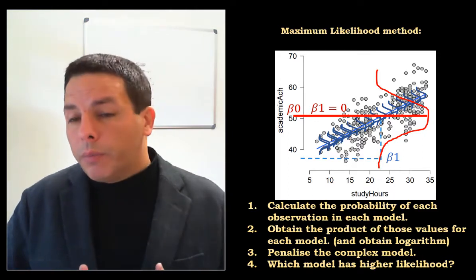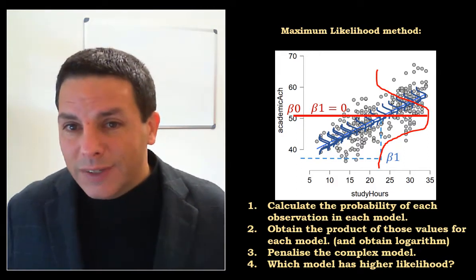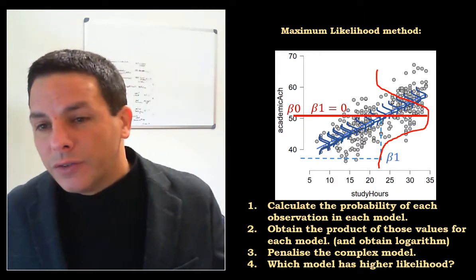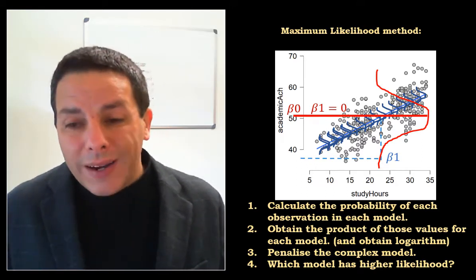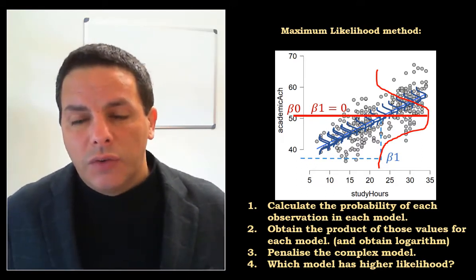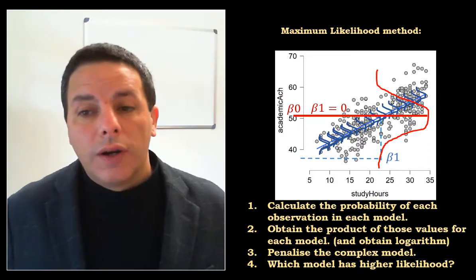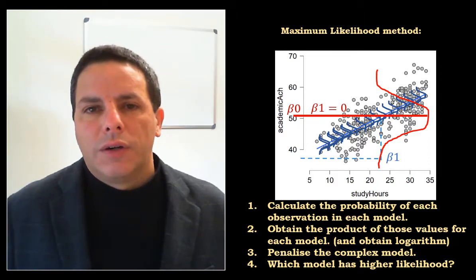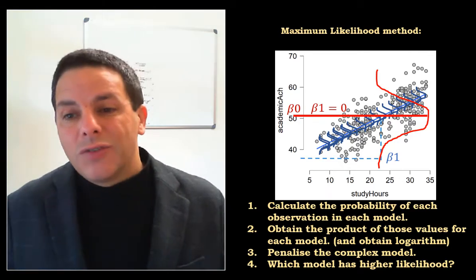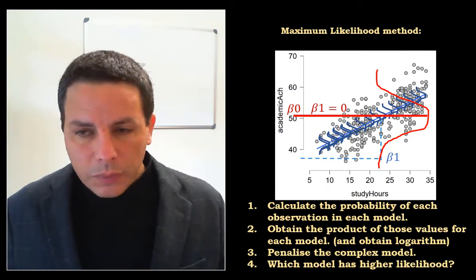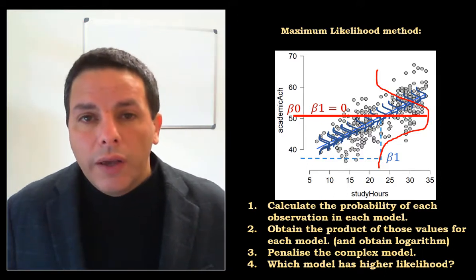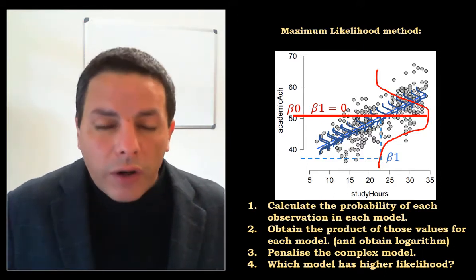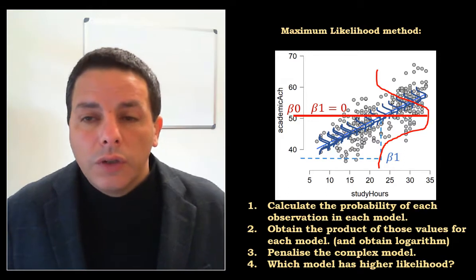And so the product of all these probabilities is a very low number, because remember, probabilities are numbers between 0 and 1, and when you start multiplying values that are below 1, you get smaller values. So that's the reason why we apply the logarithm to those values.